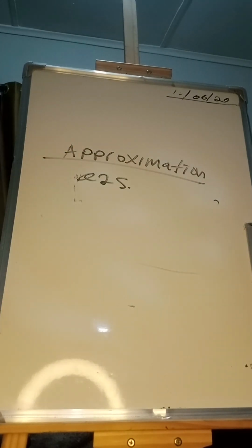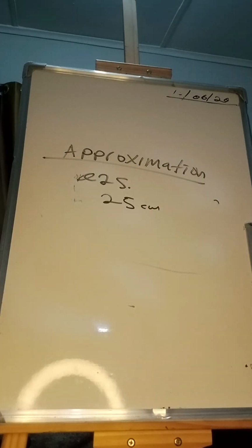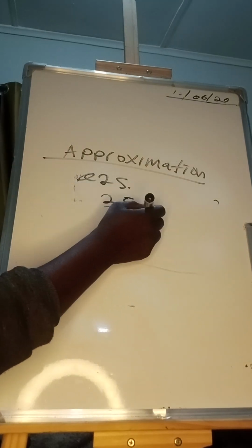They said a piece of wood measures 25 centimeters long. Find the upper limit and the lower limit. You're only given one number.